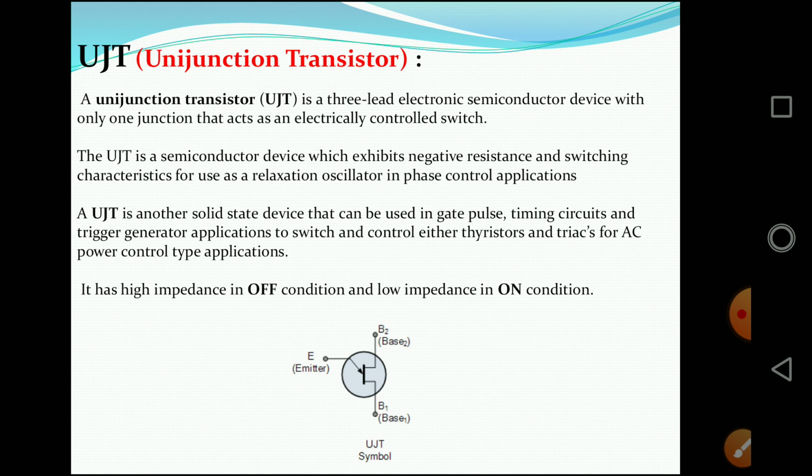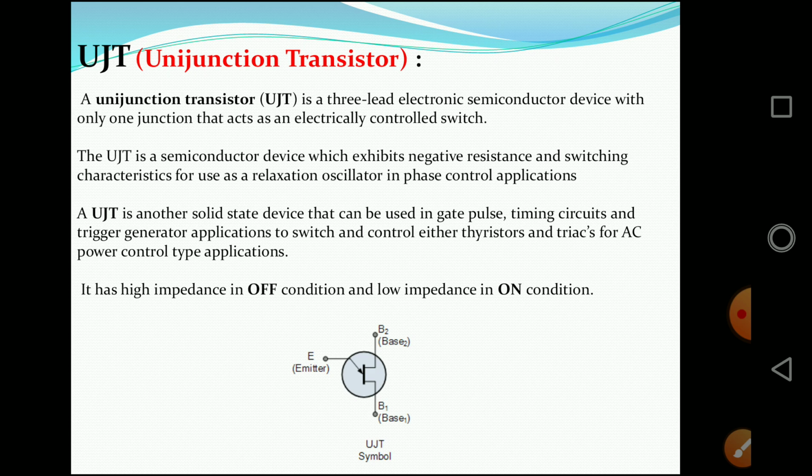So, UJT's basic application is in triggering circuits for the gate terminal or in timing circuits. Next, it has a high impedance in the off condition and a low impedance in the on condition.